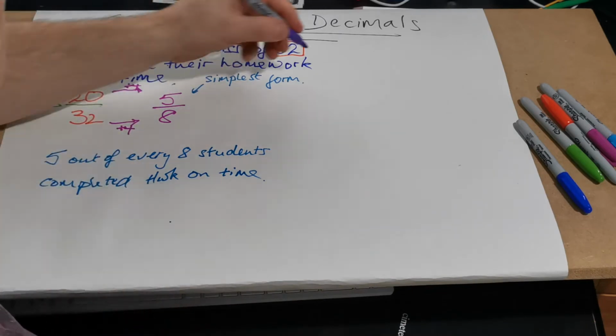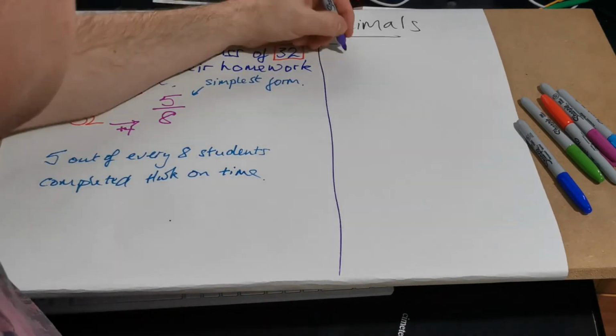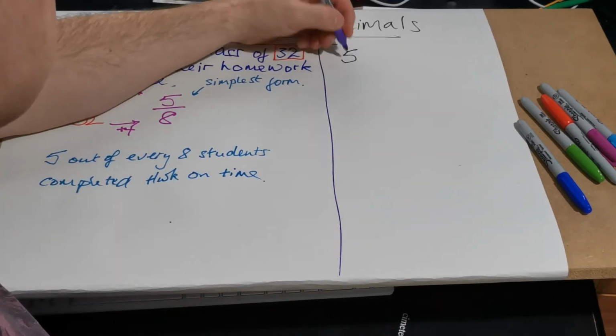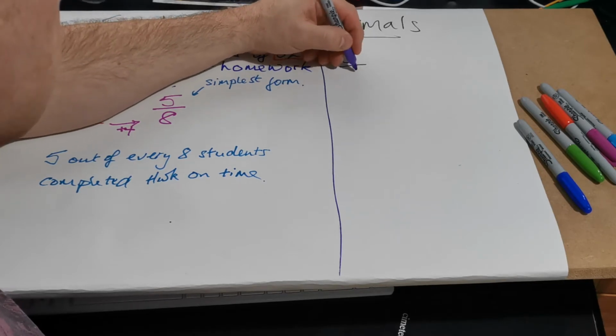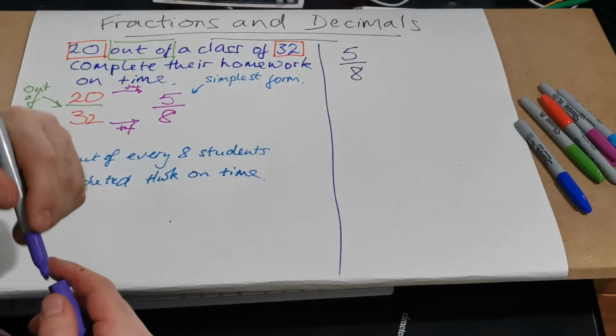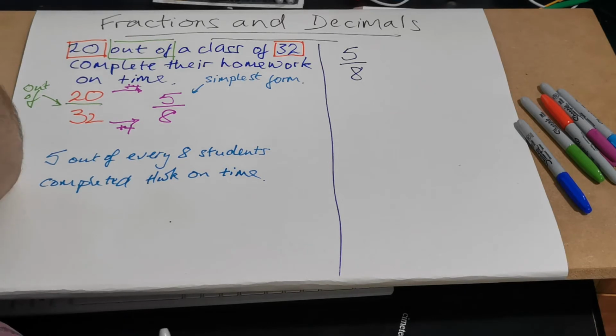Now, I want to take a second look at the idea of 5 out of every 8, and I'd like to think about that middle line.